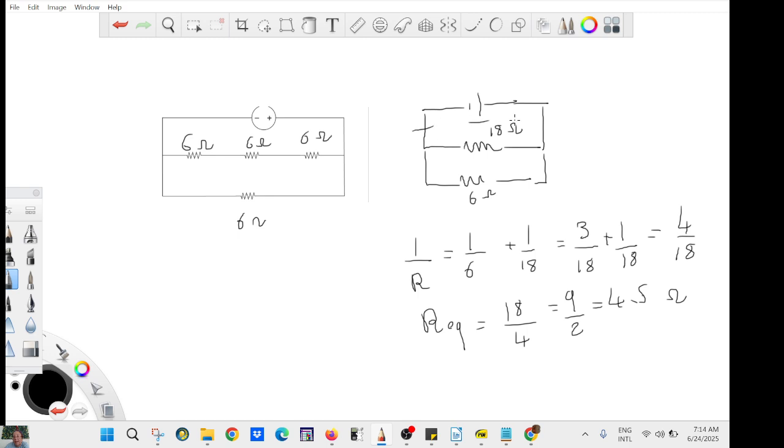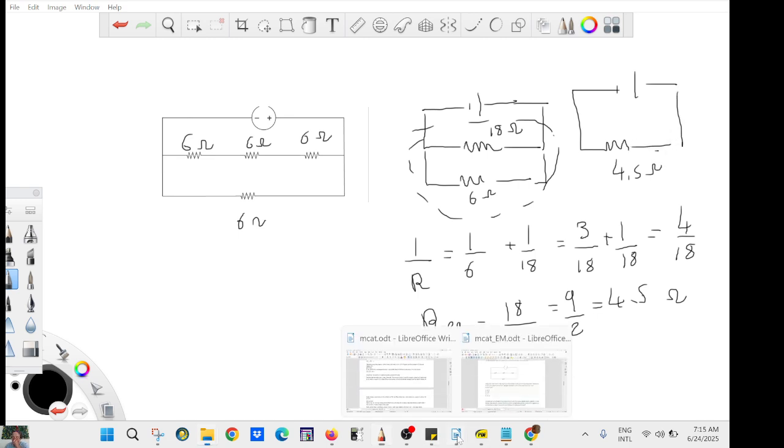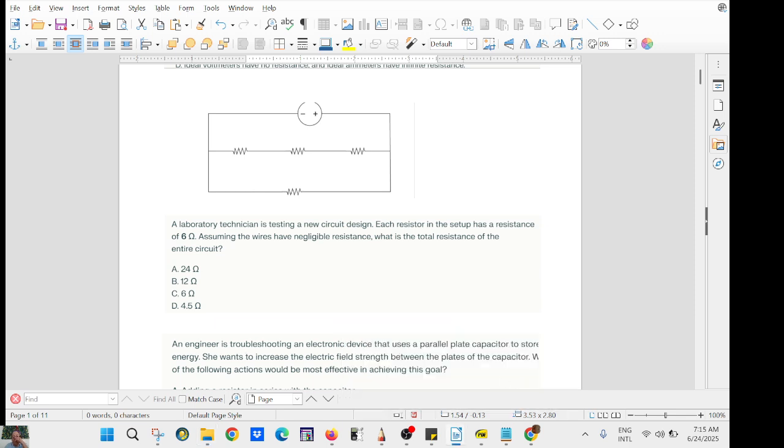So you can replace this by one resistance here of 4.5 ohms. So that will be answer D.